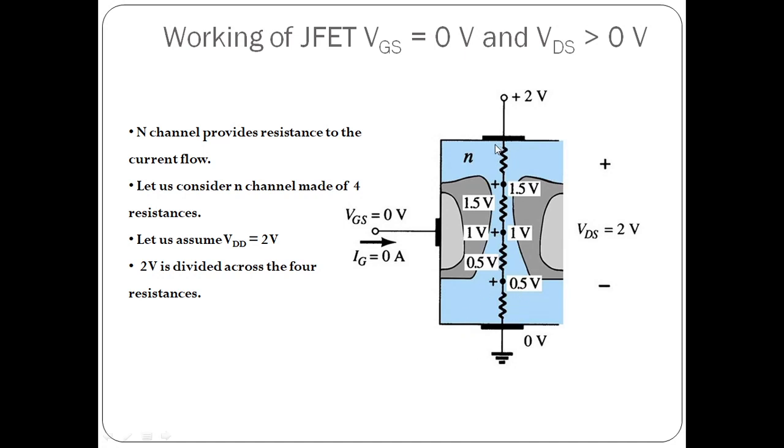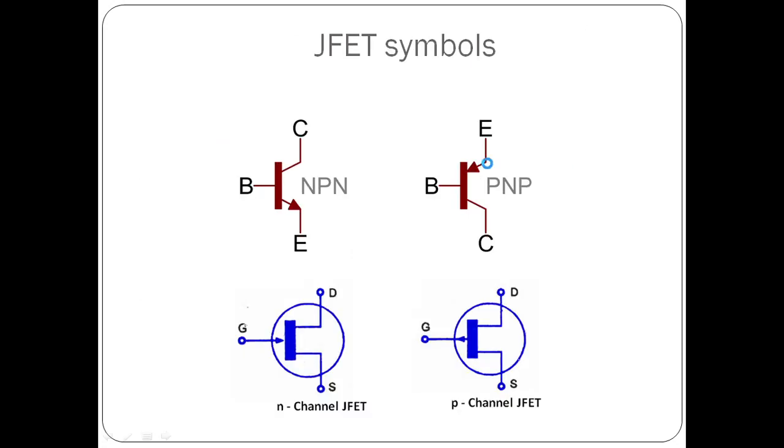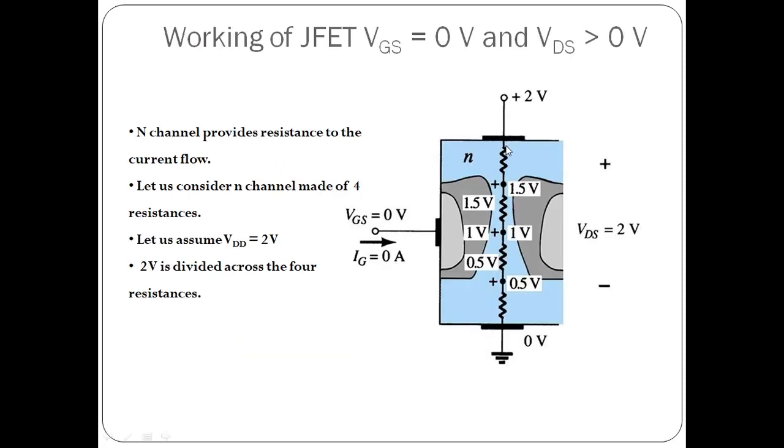So across one particular resistor there will be a potential difference of 0.5 volt, because all the resistors have same resistance. So at this point we have 1.5 volt. At this point the voltage will be 1 volt. At this particular point it will be 0.5 volt, and finally we will have 0 volt over here.